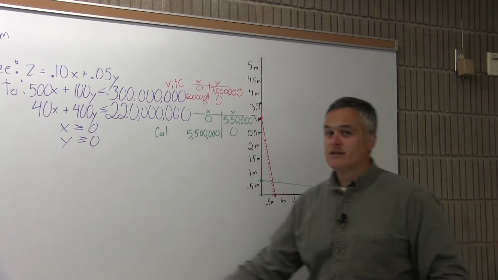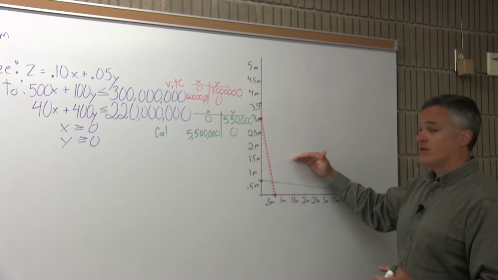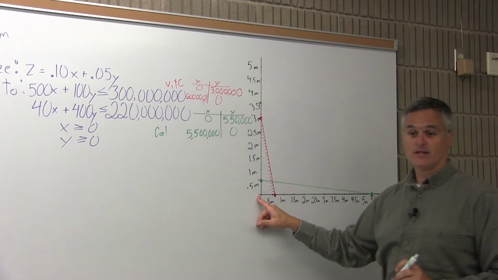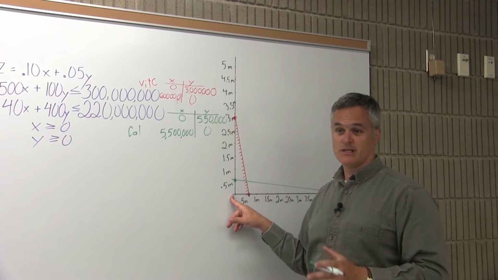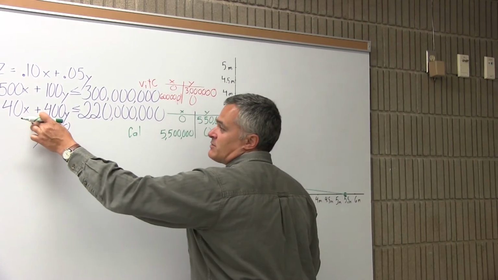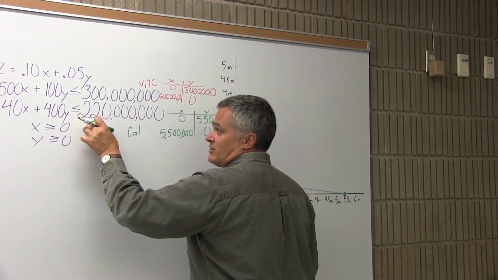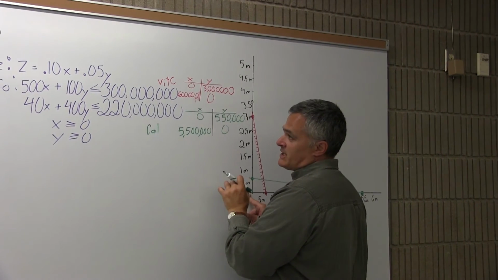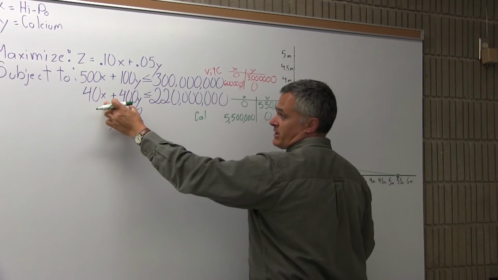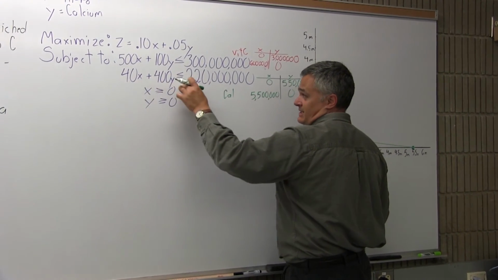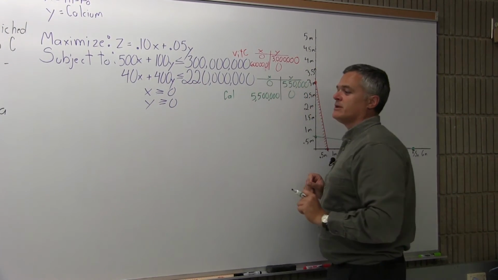And as usual, I need to decide whether I shade above the green line or below the green line. Same process. I'm going to use the test point that I like to use the most, which is 0, 0, because it's the easiest to use. So the constraint that I'm trying to graph is 40x plus 400y is less than or equal to 220 million. And now my x and y coordinates of my test point are 0 for x, 0 for y. So I plug that into the constraint for calcium, and I get 0 is less than or equal to 220 million.